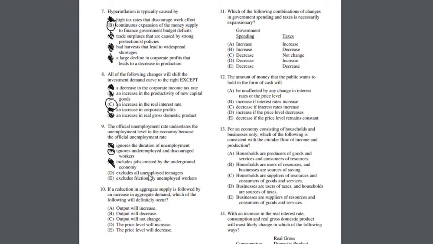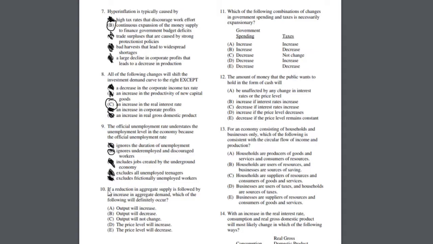D excludes all unemployed teenagers. No. That wouldn't really cause it to understate the unemployment rate because, I mean, we're teenagers, so how much can you really work? Excludes frictionally unemployed. No, it actually does include frictionally unemployed workers. So B is the correct answer for number 9.